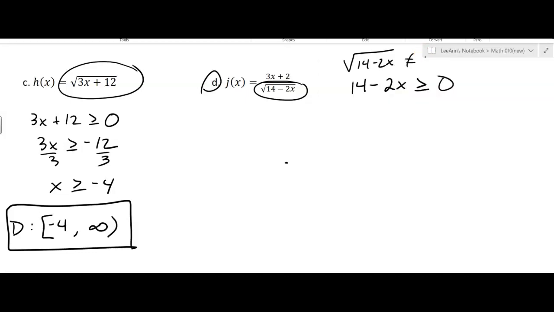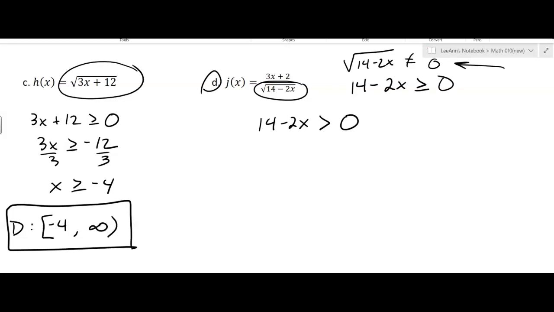So I can't really have it be equal to 0. What I really want to say then is 14 minus 2x has to be greater than 0. Then I can take the square root of it, and it won't equal 0 because I don't want the denominator to equal 0. Okay? So this time we don't have the equal to part because of this up here.